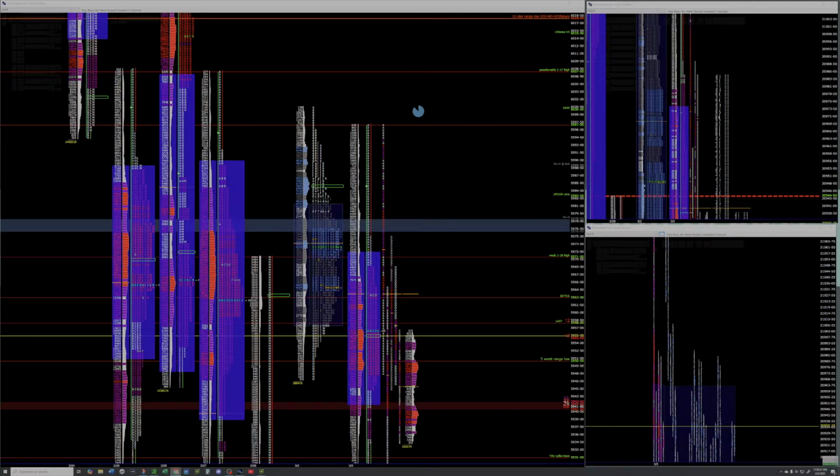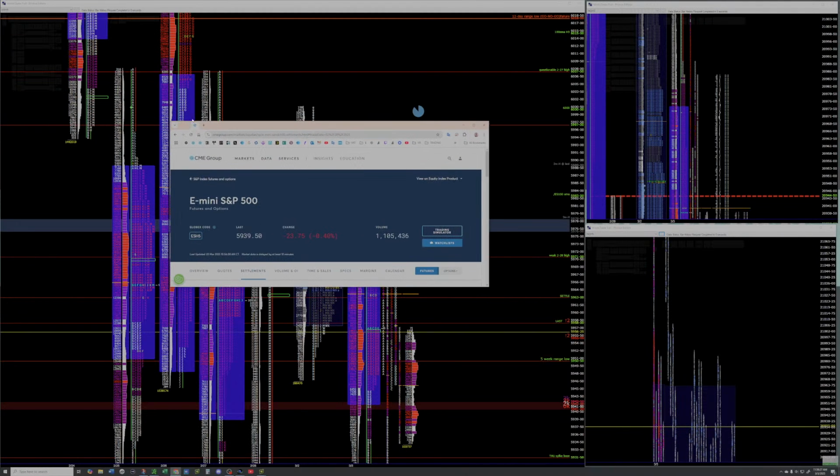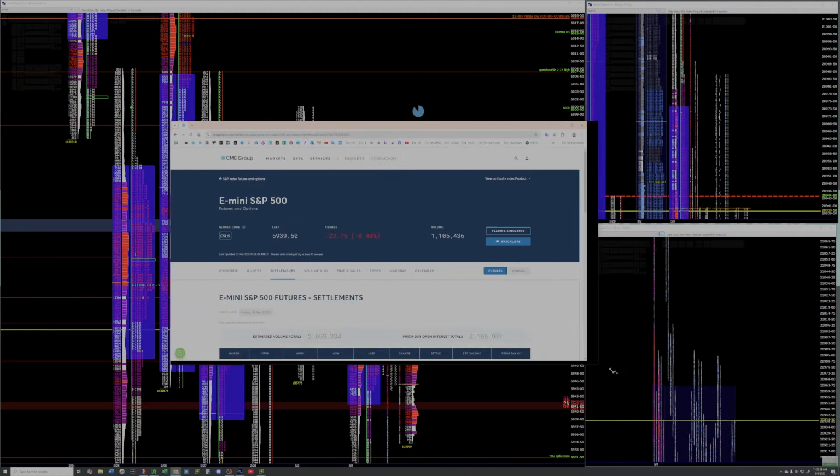Have in mind that this contract is winding down, or is going to start winding down. Really high volume. This is one of the highest volumes I've seen in the period that is outside of the rollover week.